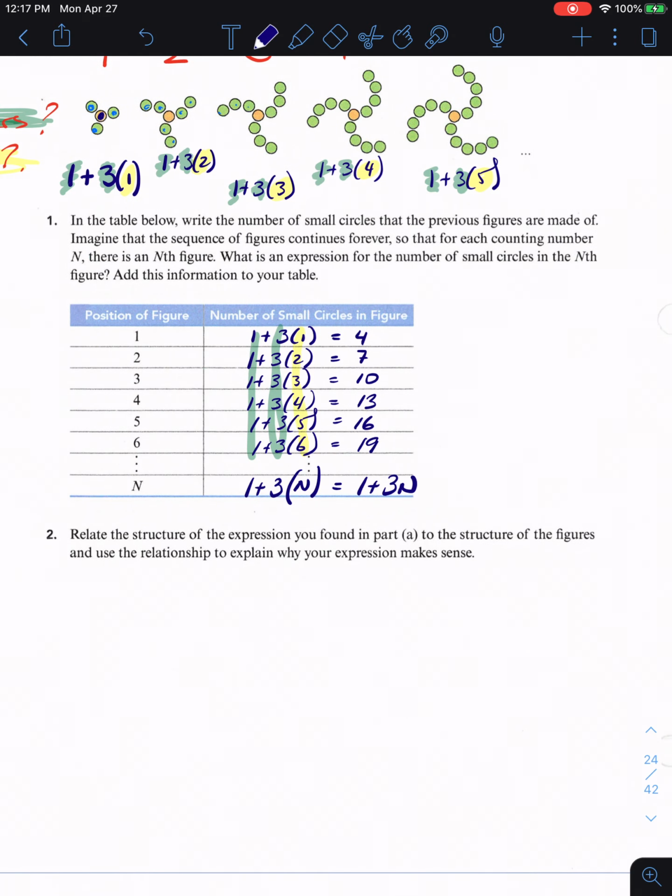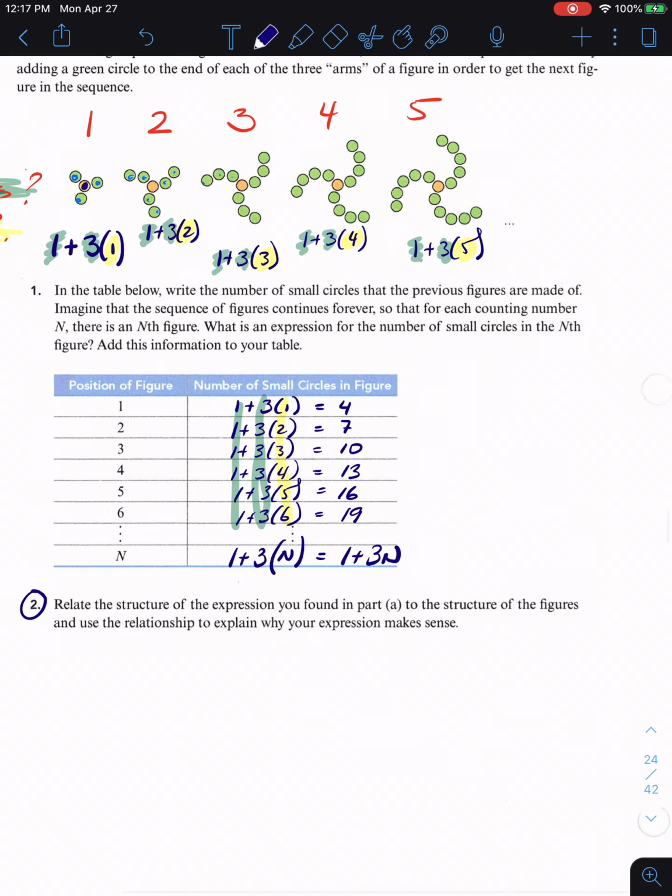So question 2 asks you to make sense of the function, the equation, or the expression at the very end, with the pictures given in the pattern. I've talked about it verbally, but what I would like you to do is take some time and write down the kinds of patterns that you see, and what kind of relationship exists between the growing pattern of pictures and the actual expression that we have in number 1.